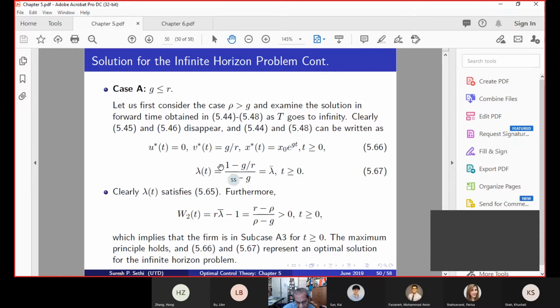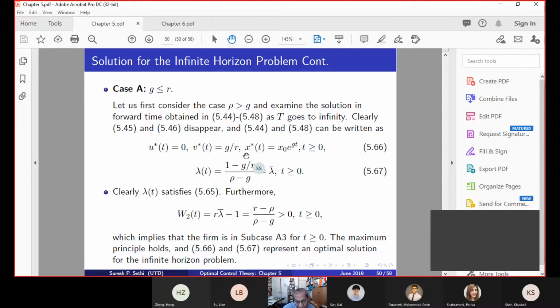Finance says the following. If you take the dividend, which is 1 minus g divided by r, and this dividend is growing at the rate g and being discounted at rate r.